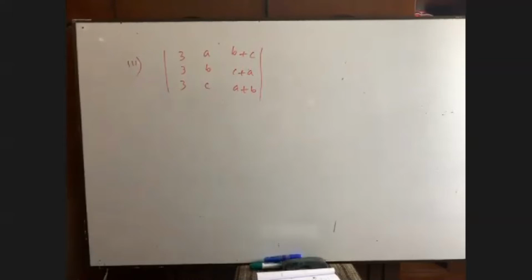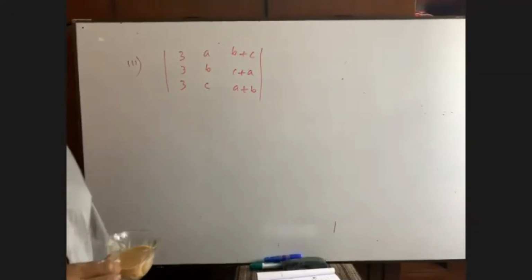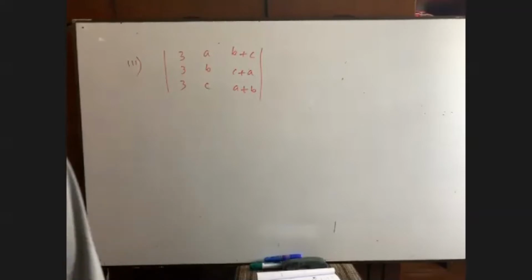You keep the first two columns as it is and do something for column 3 by adding 1 to 3.